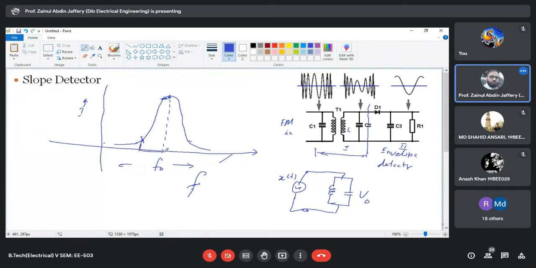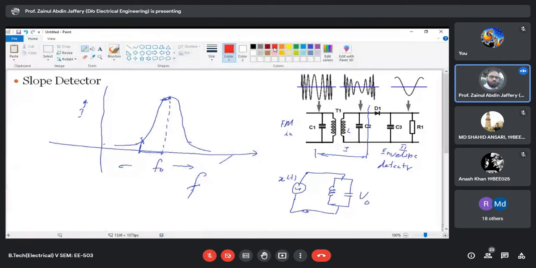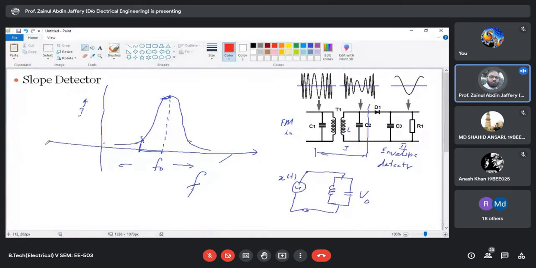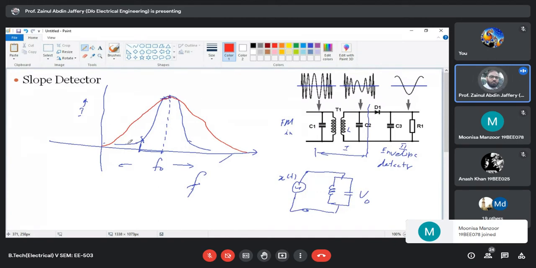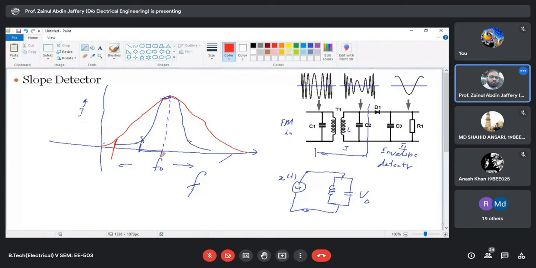Here you can say this is the total variation range, and that depends on the shape of this circuit. If you make this circuit a little more shallow, you will get more range. For example, if we make this circuit like this and its slope becomes good, then in this case our range will be from this voltage to this voltage.